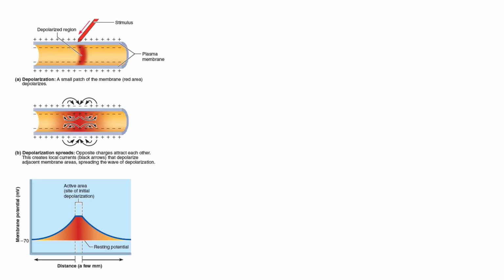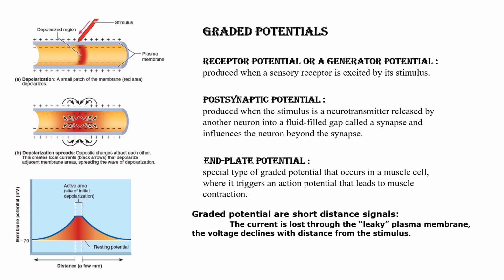Now, this brings us to the concept of graded potential. Suppose we are stimulating a neuron at a particular place, and this depolarization is spreading in the adjacent regions. However, this is a local effect, as is seen here, which is very similar to that observed in graded potential.